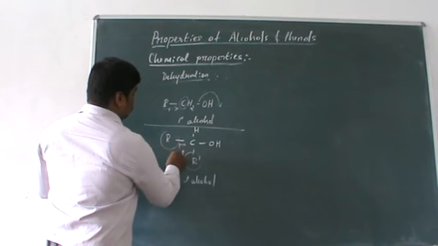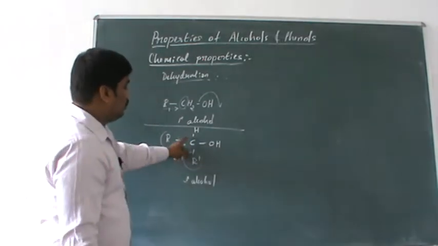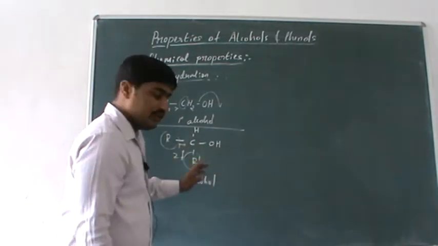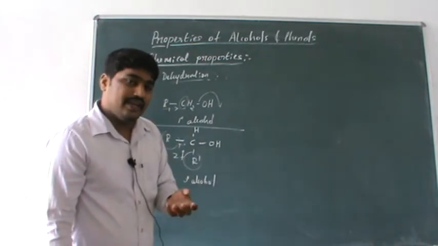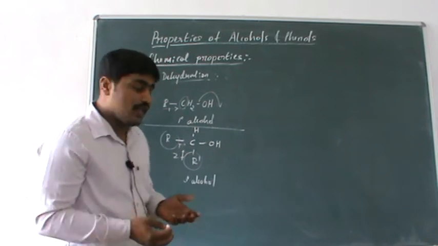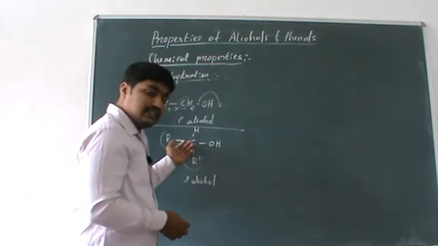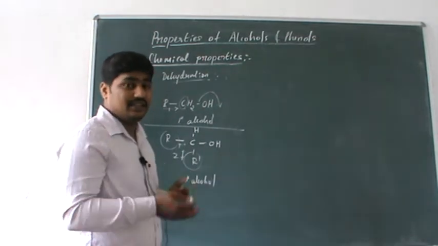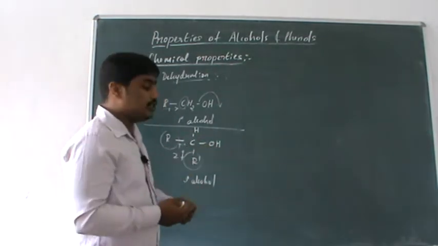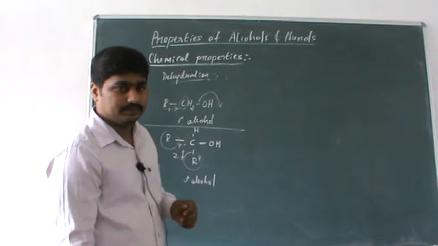Two. More electron donating, so the carbon contains more electrons, hence the carbon is electron rich. When the carbon is electron rich, the tendency of donation of OH increases.